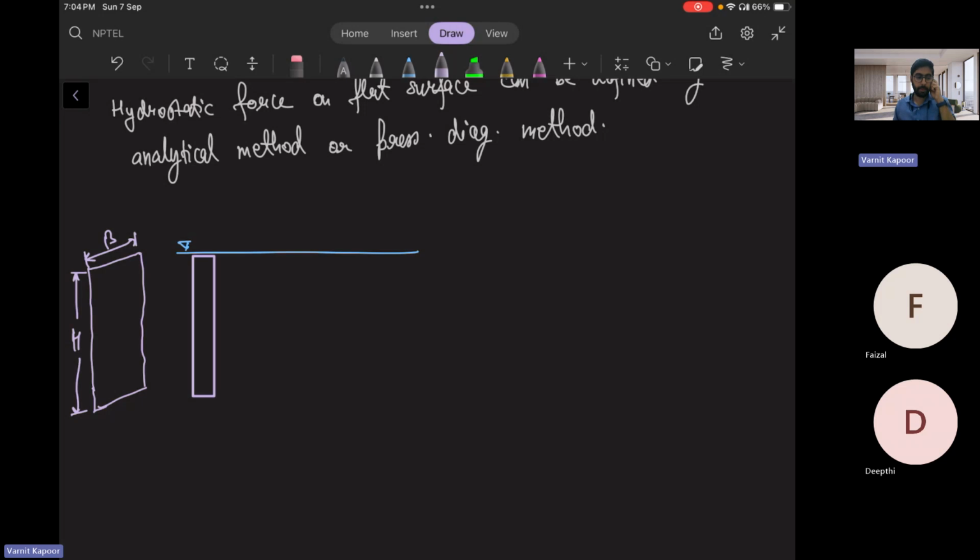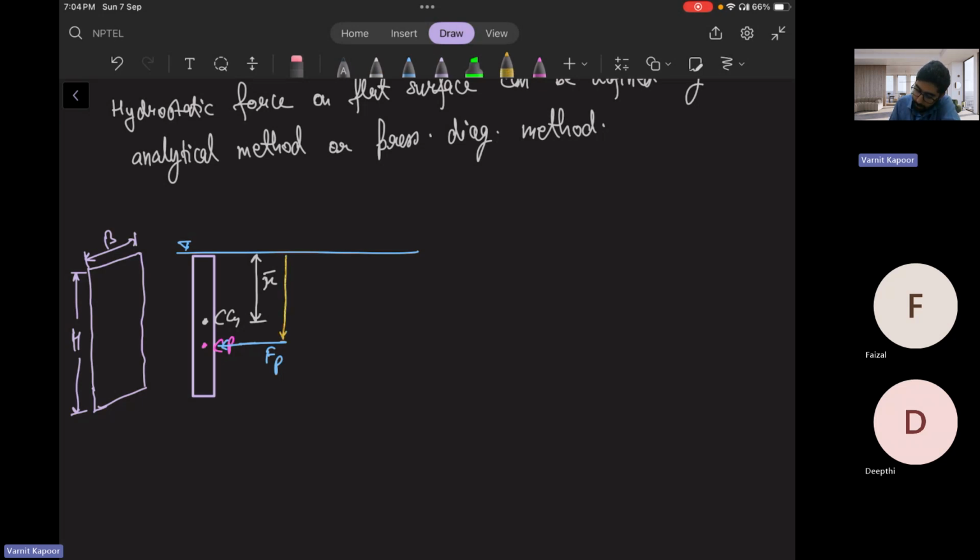Center of gravity again is at this position CG, at a distance of x bar. All right. And FP is acting here at CP.